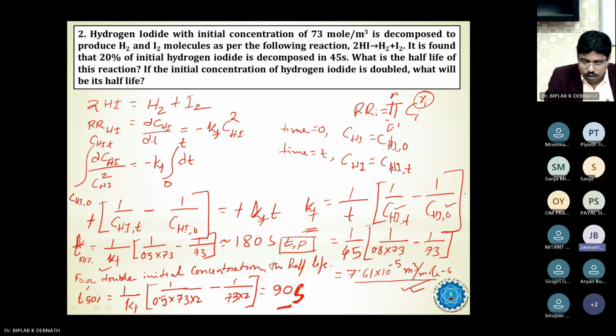Sir, but if different concentration is given in the start only, if directly in the starting they gave 73 into 2, a different concentration in the question, then we would get KF differently, no, sir? Then time will also change, no? Okay, okay.